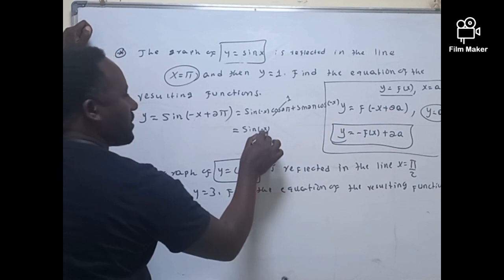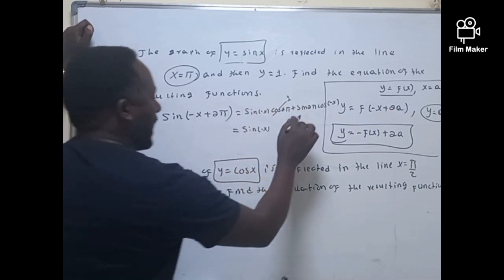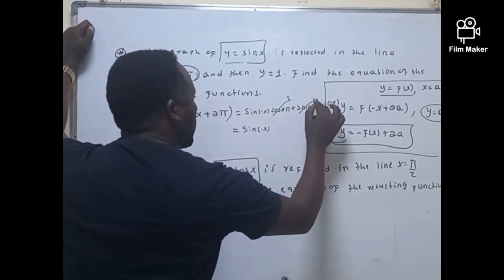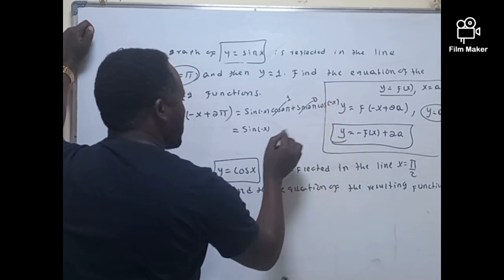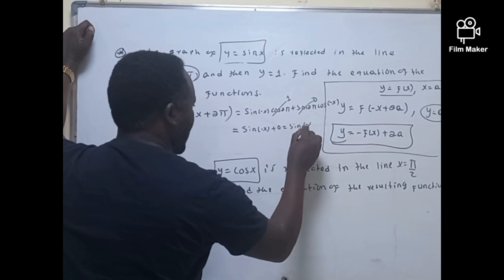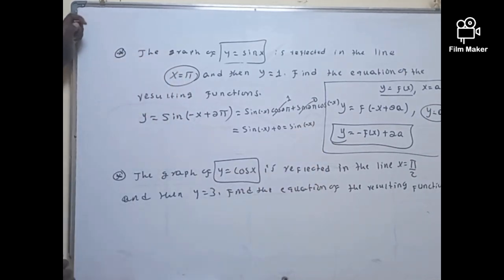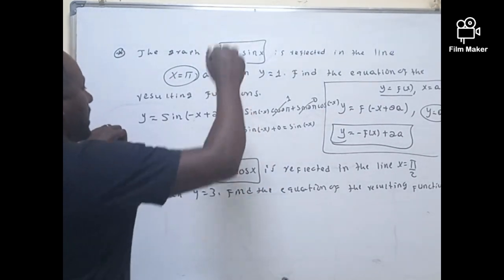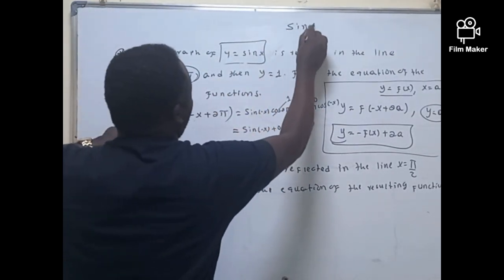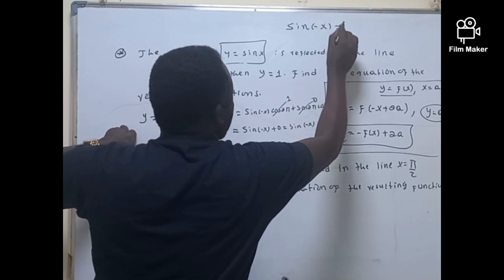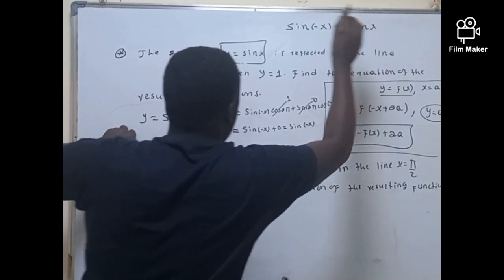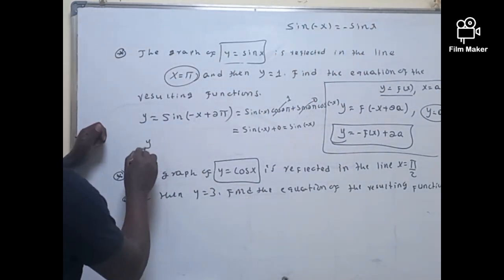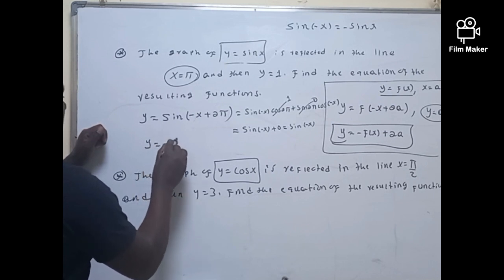And sine 2 pi is going to be 0, and 0 times it will be 0, so plus 0. So this is going to be sine of minus x. And since the sine function is an odd function, sine of minus x is always negative sine of x. That is the perfect way. So y is going to be negative sine x.